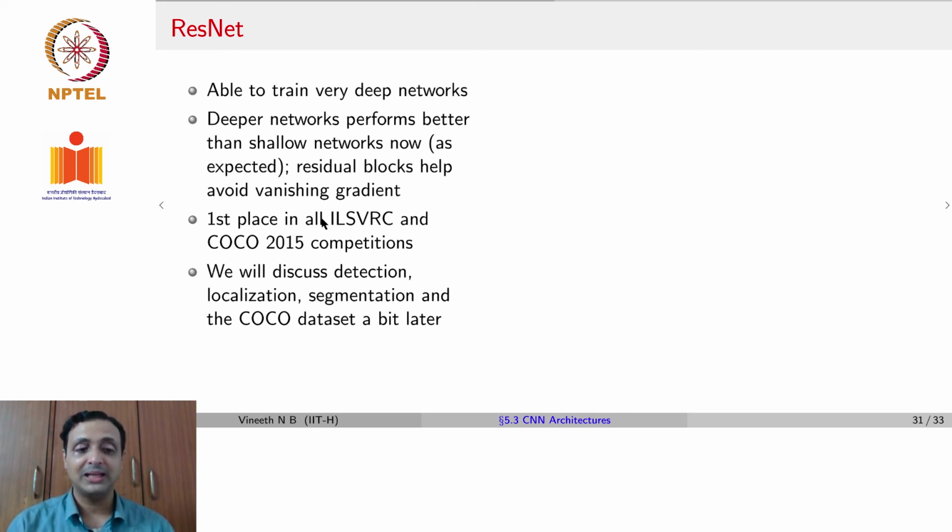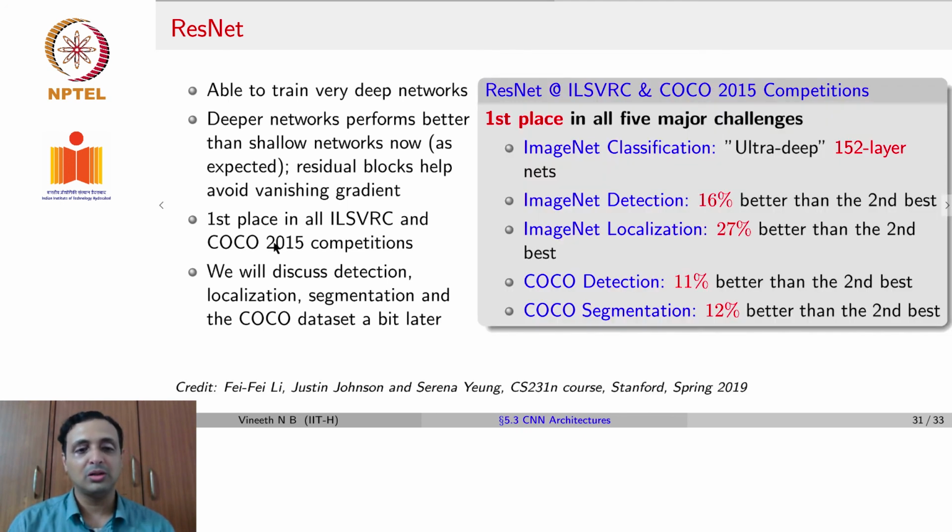And it won the first place in all ImageNet competitions and also a competition called COCO that was introduced in 2015. So in fact, they won the first place in all the major challenges in 2015. ImageNet classification, ImageNet detection, where they were 16% better than the second best. ImageNet localization, where they were 27% better than the second best.